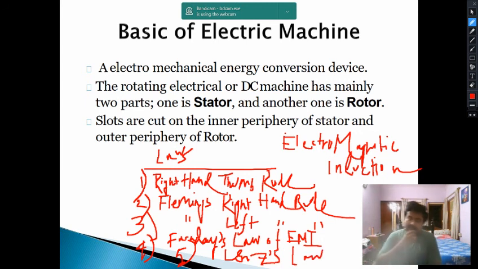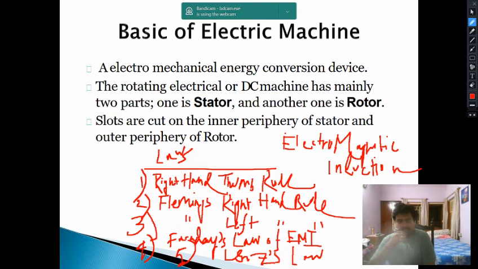So the underlying physics of a DC machine is governed by these 5 laws. And if you understand and comprehend all these 5 laws, there will be absolutely no problem in understanding the physics of an electric machine.